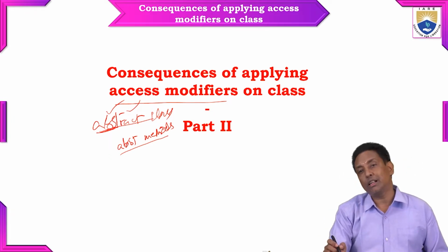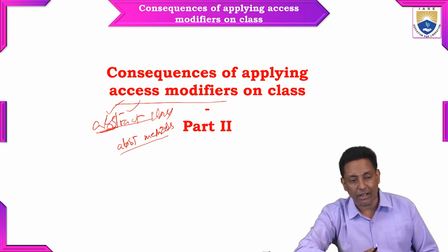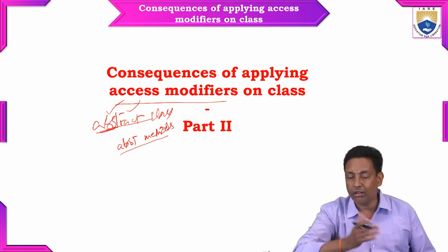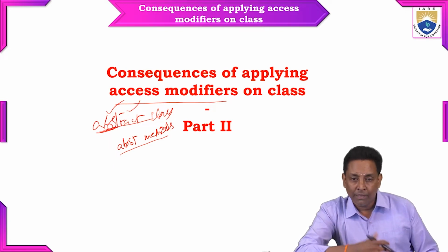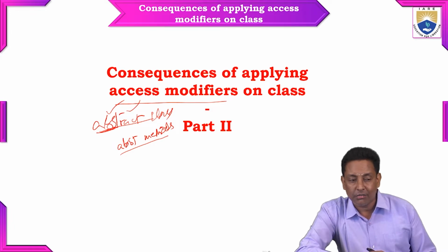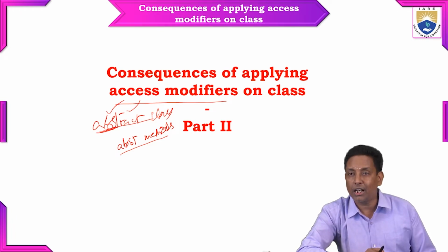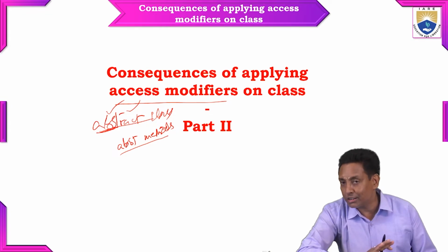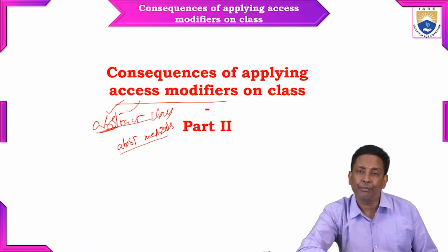And the second point is, some developers from other object-oriented programming backgrounds like C++, Smalltalk, or other old object-oriented languages may sometimes feel that an abstract class must contain abstract methods. But remember, in Java, an abstract class need not contain any abstract methods. Without having abstract methods also, we can declare a class as abstract.